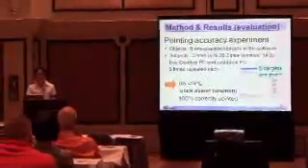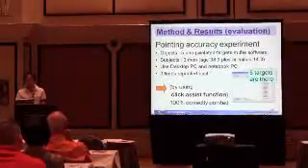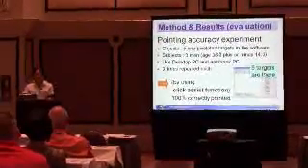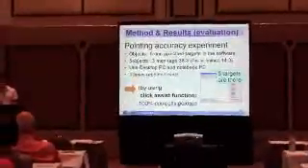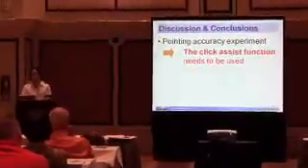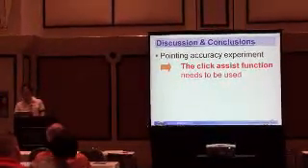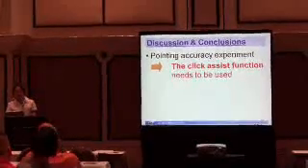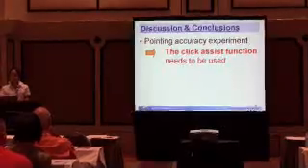They pointed at these objects using a desktop PC and a notebook PC, repeated 3 times each. And the result is that by using the click assist function, 100% correctly pointed. Result of the pointing accuracy experiment: the click assist function needed to be used.